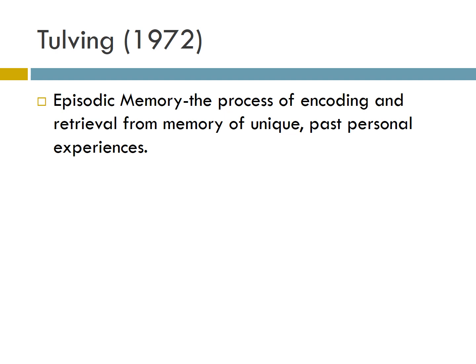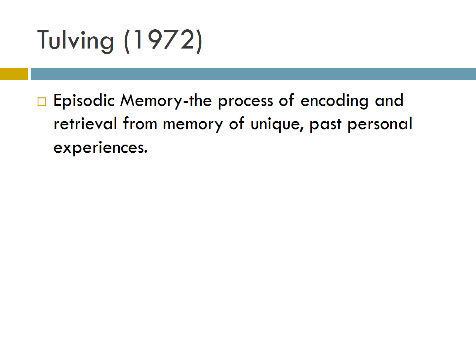Okay, so let's look at some ideas of how to study episodic memory. In 1972, Tulving proposed that episodic memory is just the basic process of encoding and retrieval from memory of unique past personal experiences. So this was the basic working definition of episodic memory.